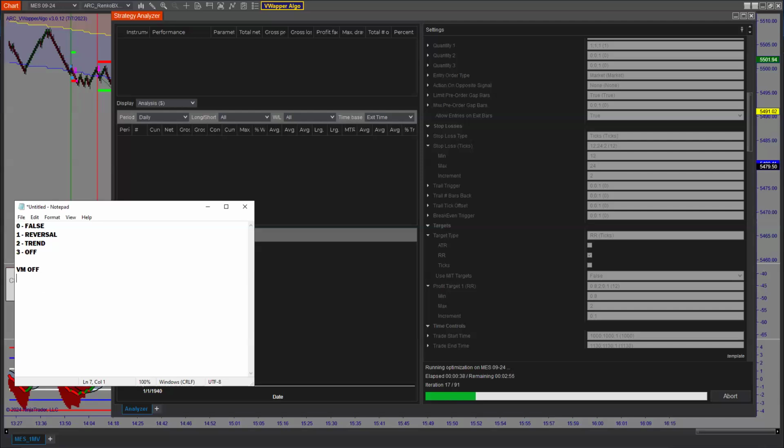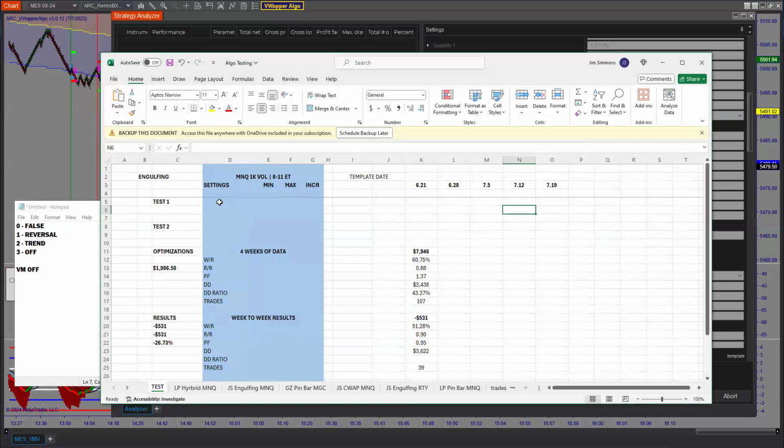So while that's doing that, let's start building out our testing sheet. So let's do that. That's fine. So we got level 0, level 1, level 2.